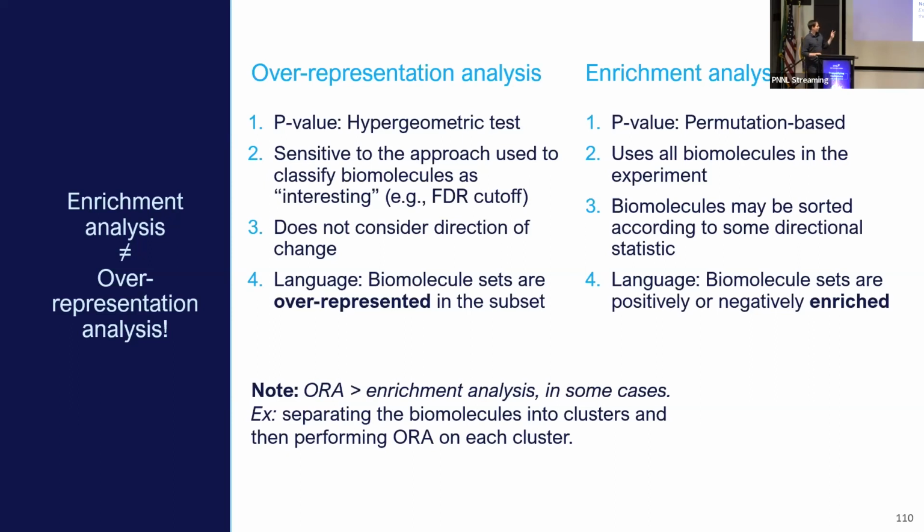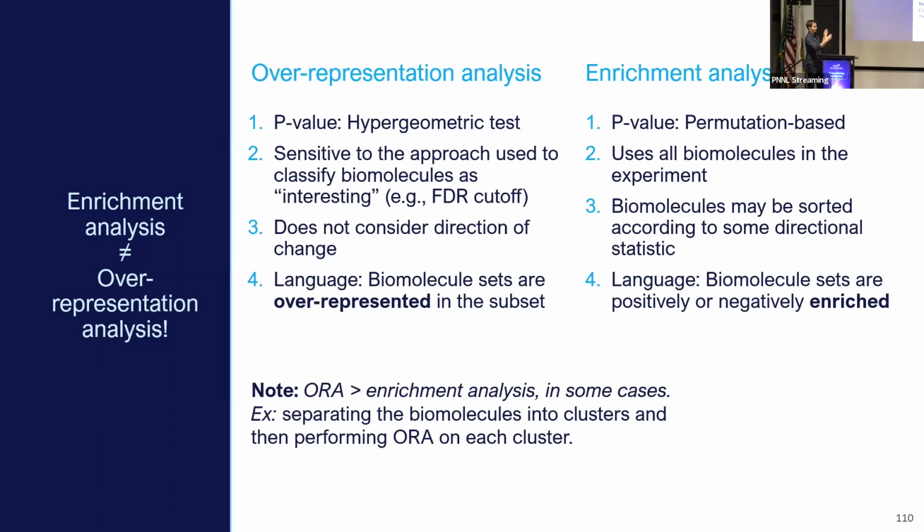So what overrepresentation analysis is doing is you impose some sort of arbitrary cutoff, let's say FDR of 0.05, and you say everything that passes this threshold, I'm going to call it interesting or significant. So this is your interesting subset. And then you have your overall population of genes from your experiment.